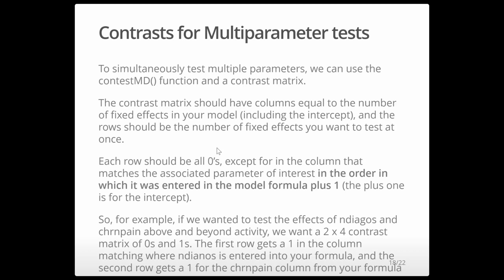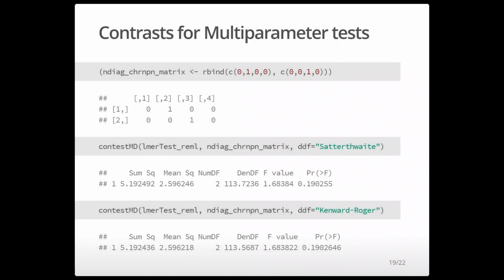So, for example, if we wanted to test the simultaneous effect of number of diagnoses and chronic pain, as we did before with the likelihood ratio test, we want a 2x4 contrast matrix. The first row gets a 1 in the column matching where n diagnose is entered into the formula, and the second row gets a 1 where chronic pain was entered into the formula. So here's an example of how you could do this.